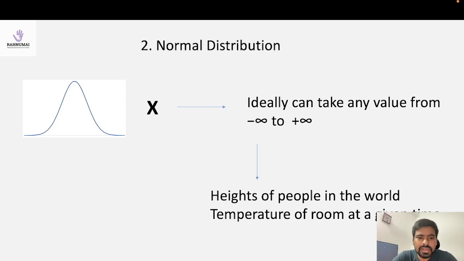So there are clusters of data points which are very likely, and as you move away from those clusters the data points become less likely. That gives you a bell shaped curve. I will give you an example of what I mean by that.